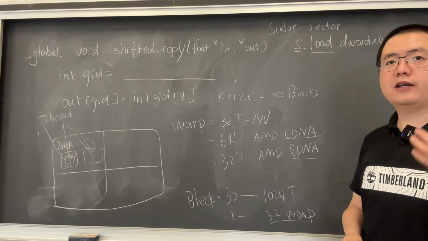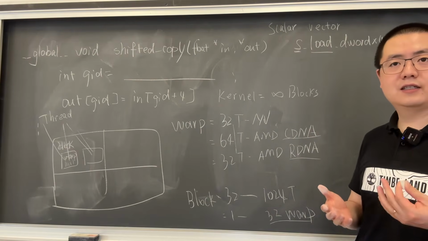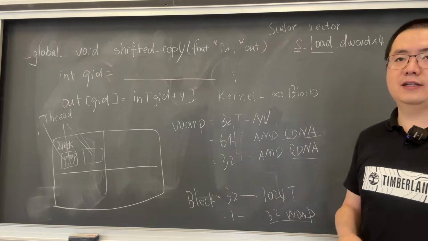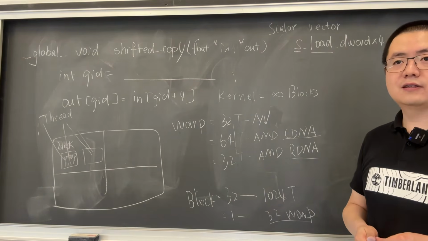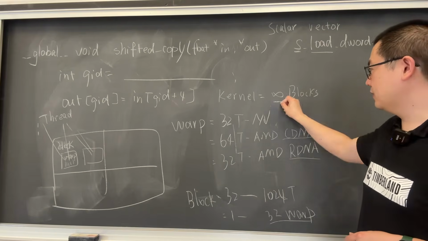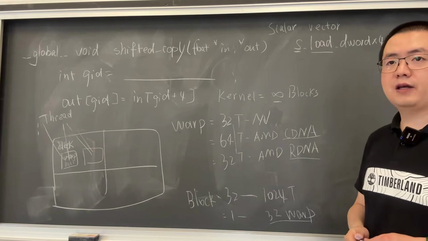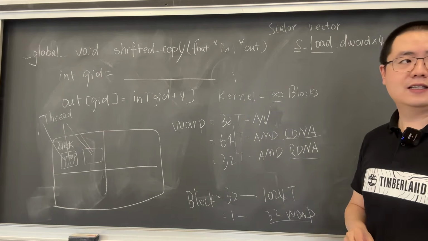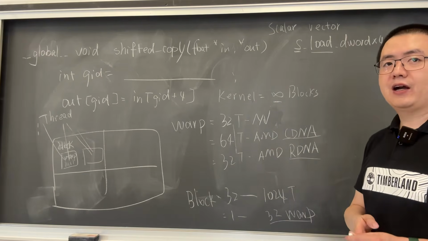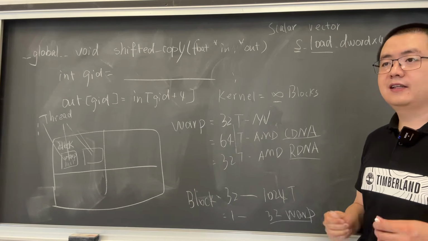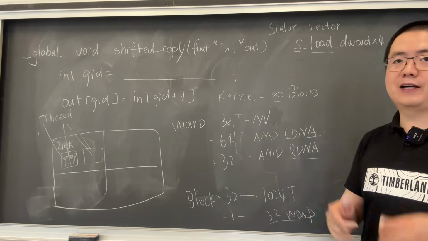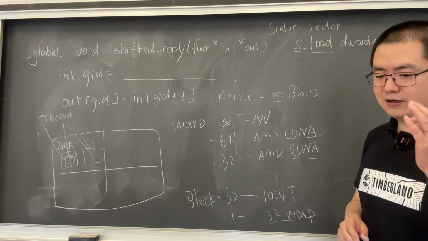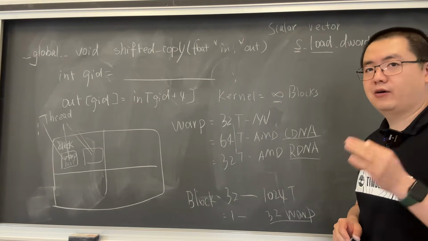So it can work if it's 1 giga element. That's a lot of threads, right? And your kernel can still run. So the number of blocks in a kernel is a rather flexible number. When we launch a kernel, we can start 1 billion threads. No problem, GPU can handle that. Now, of course, it cannot run them all at the same time.